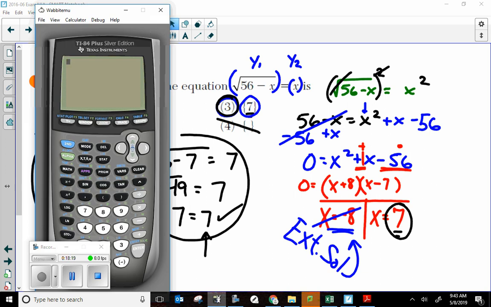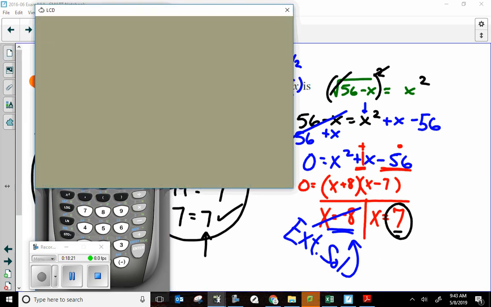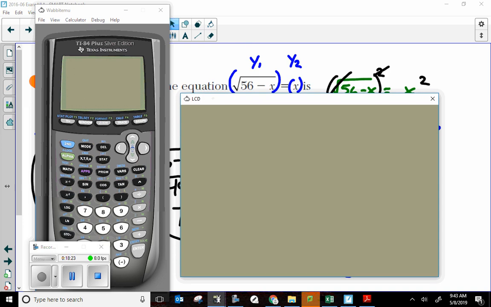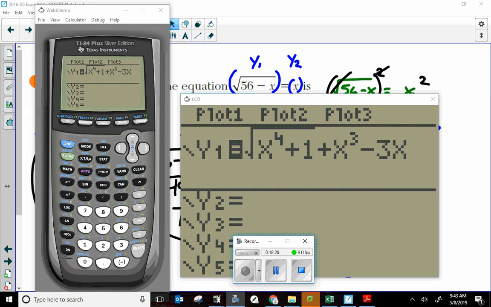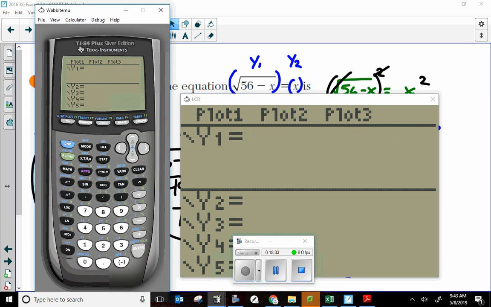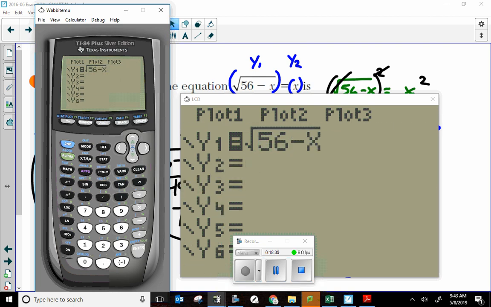Open this up. In fact, I don't really do this because on YouTube you have that monster screen, but I'll do this right here. So I'm going to go to y equals. Let me move this bad boy out of the way. And I'm going to put in Y1 the square root of 56 minus x, and in Y2, I'm just going to put x.